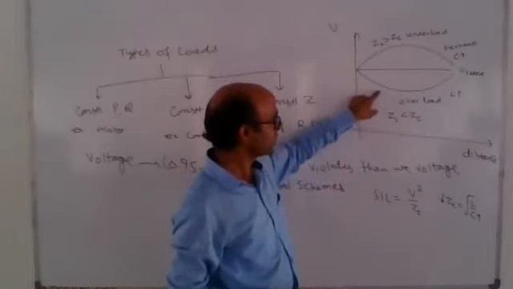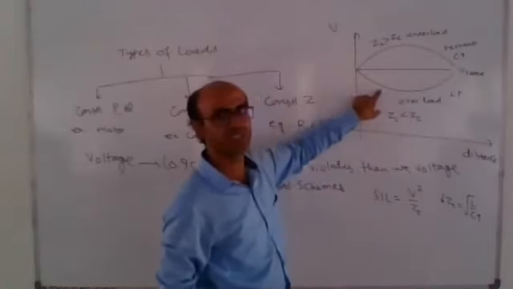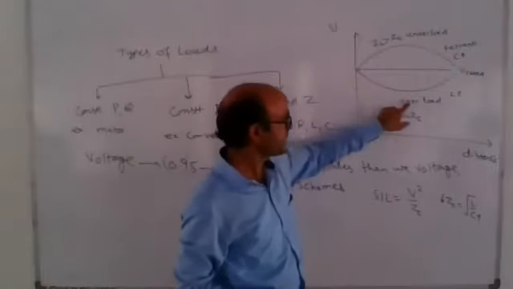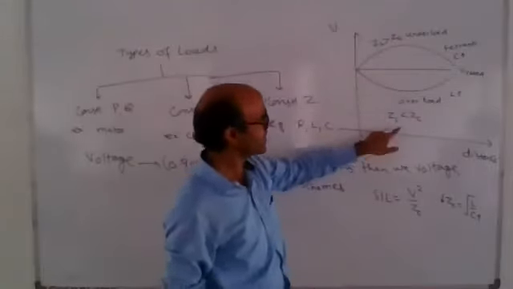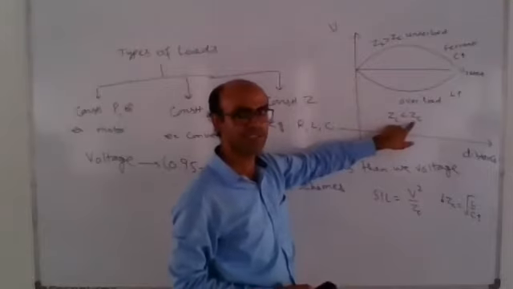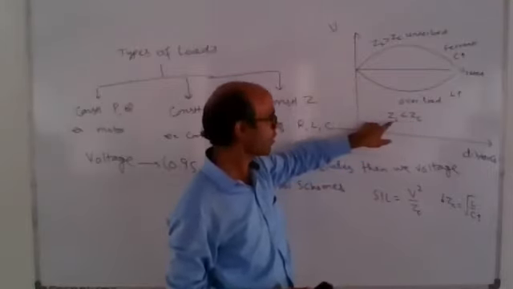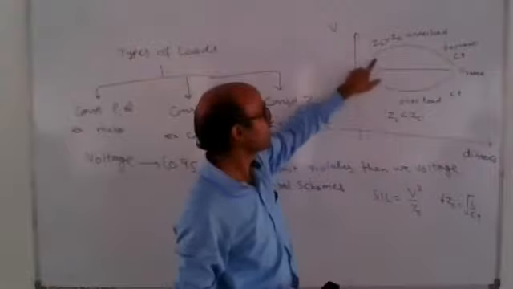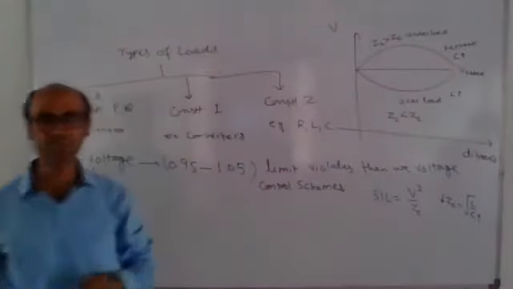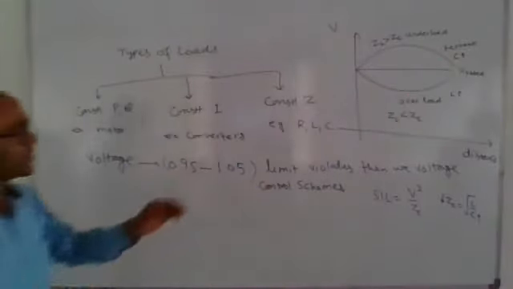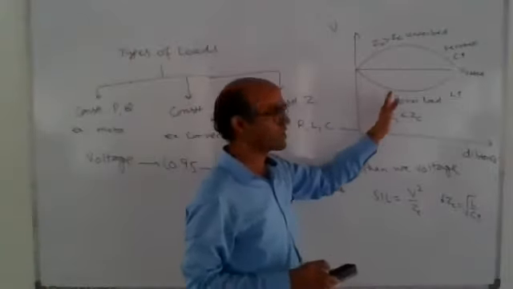So this line is loaded above the surge impedance loading. These kinds of profile you can see in your transmission line.